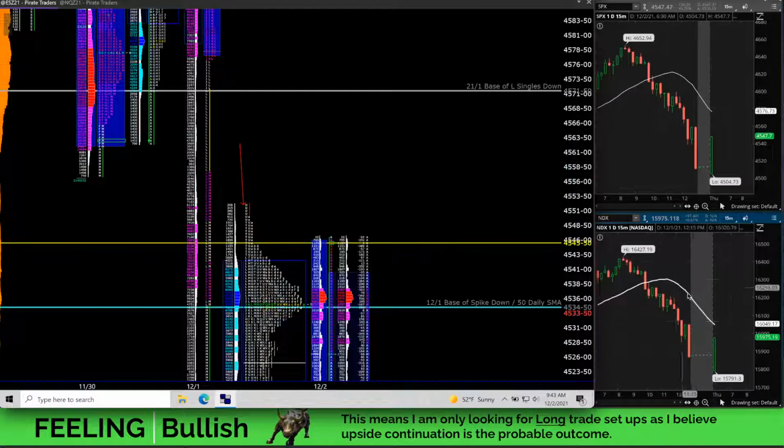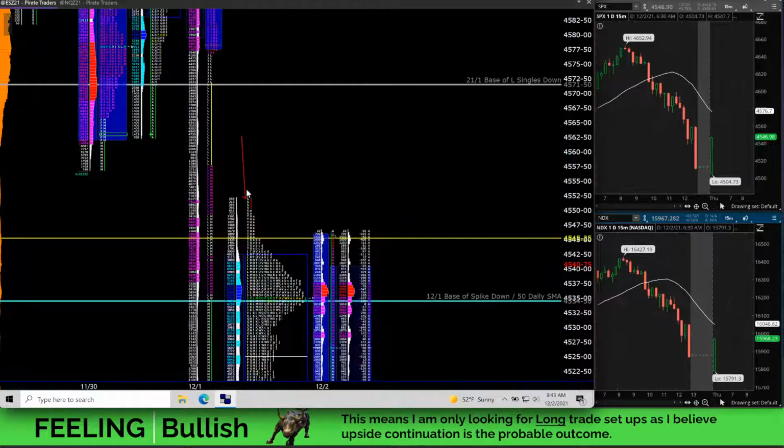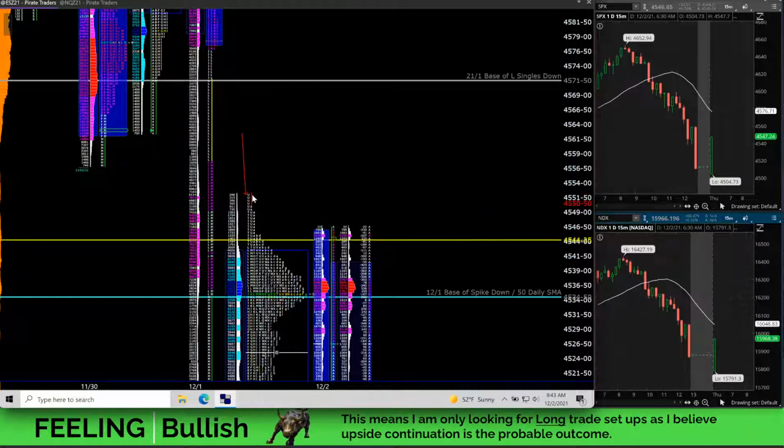Also, we have the 20 moving average on the 15-minute candles here. Those could both act as resistance as well. But they seem to want to go test it. Oh, also the overnight high. We might run out of steam there as well. That is another one at 45.52.